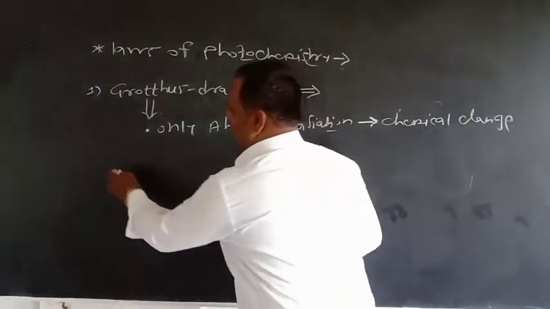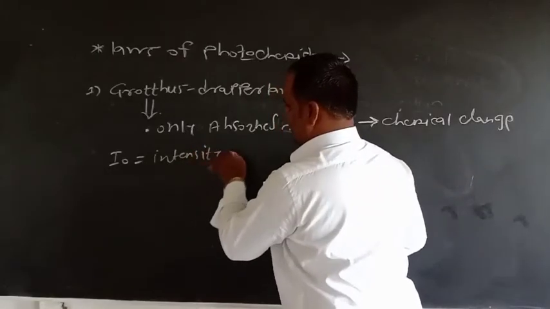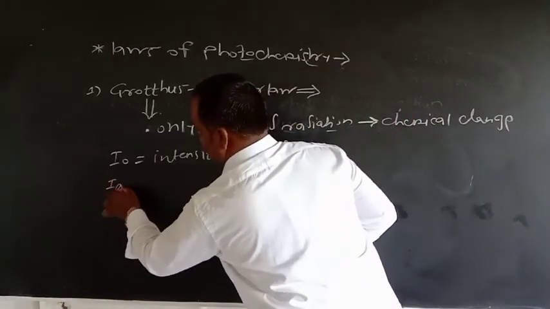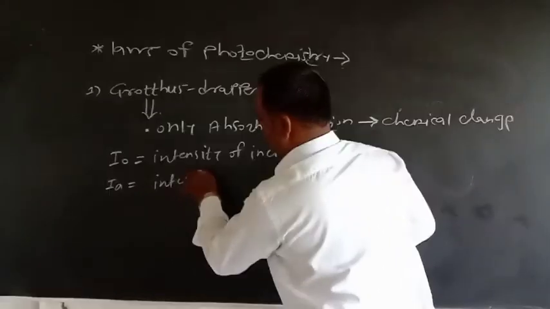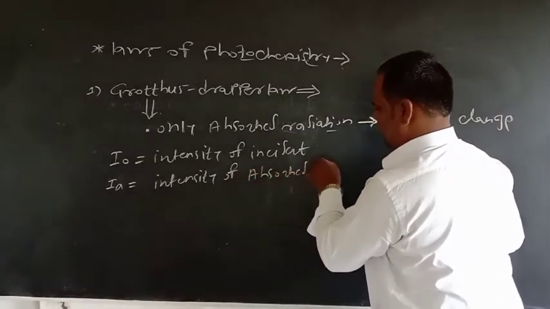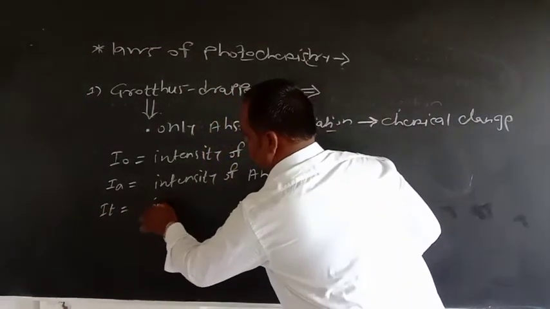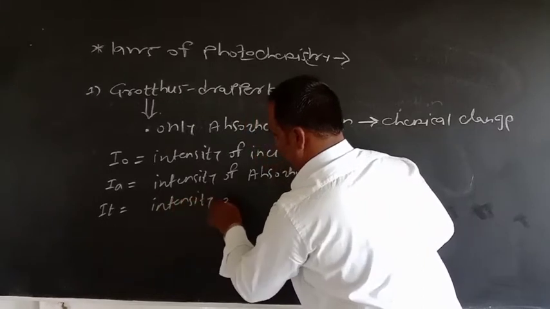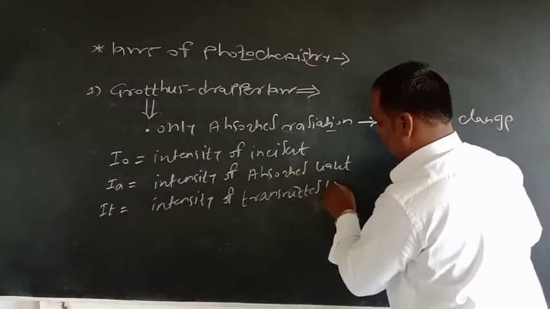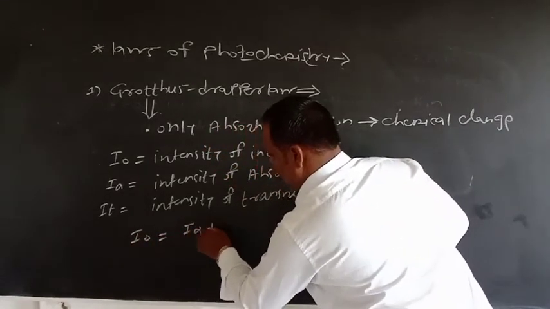If we consider I0 as the intensity of incident radiation, IA as the intensity of absorbed light or absorbed radiation, and IT as the intensity of transmitted light, then we can write I0 equals IA plus IT.